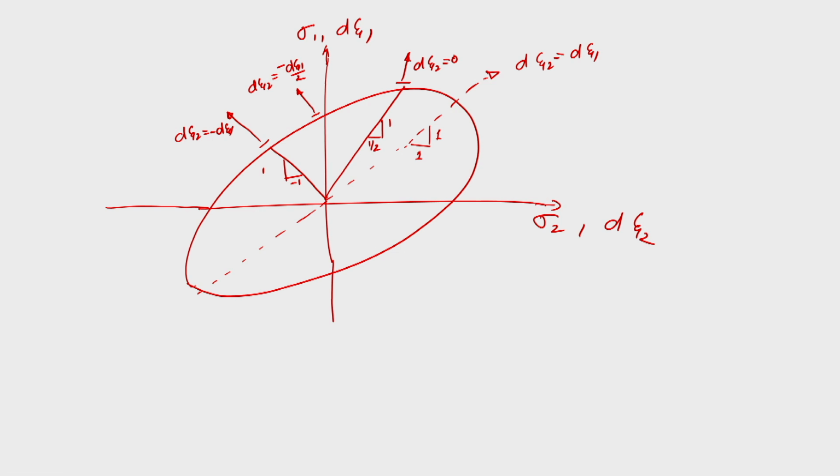Now, when we discuss this deformation, it is very convenient to express the stresses as effective stress and the strains as effective strain, because earlier also we discussed effective stress and strains.